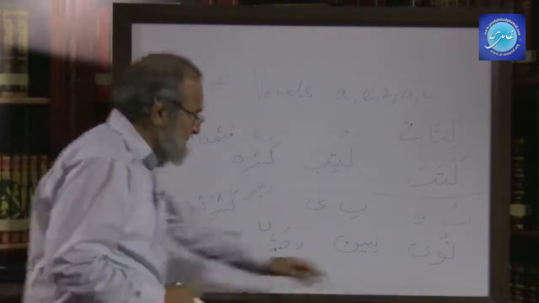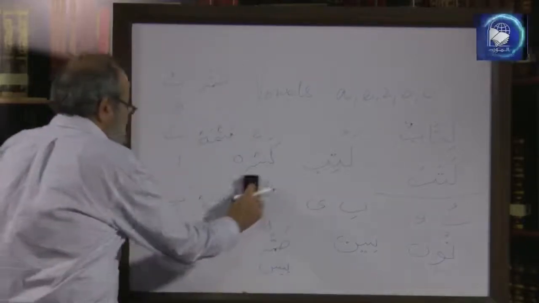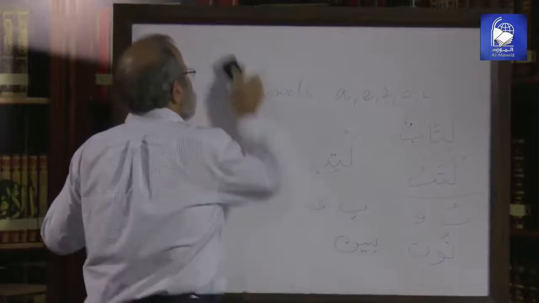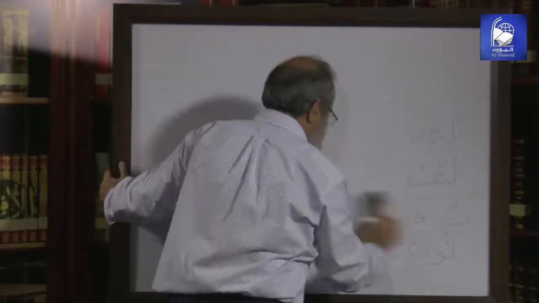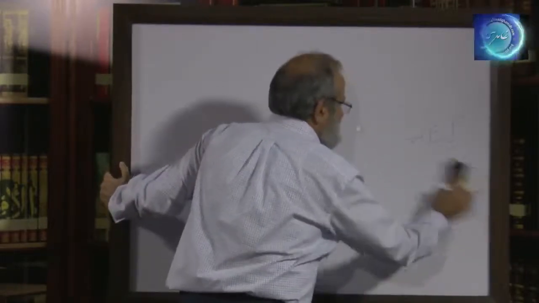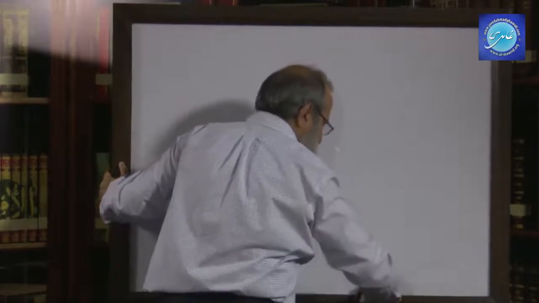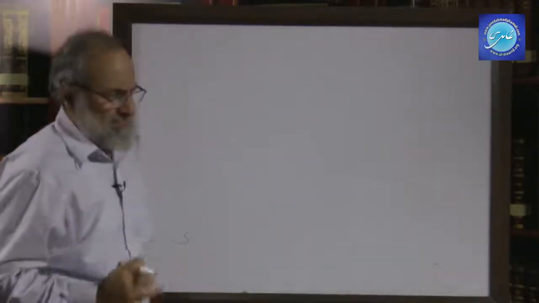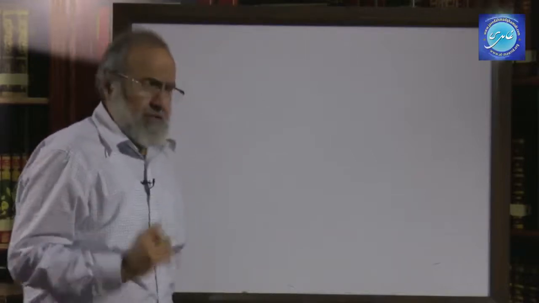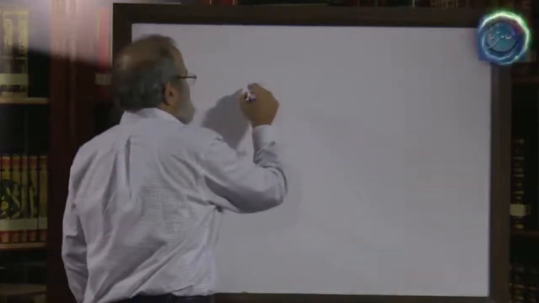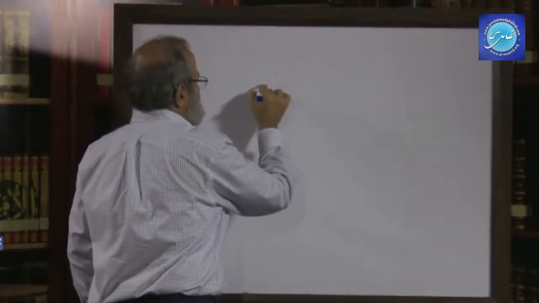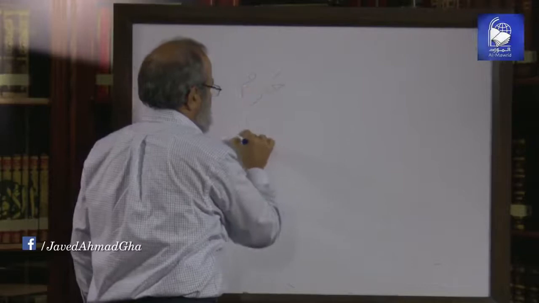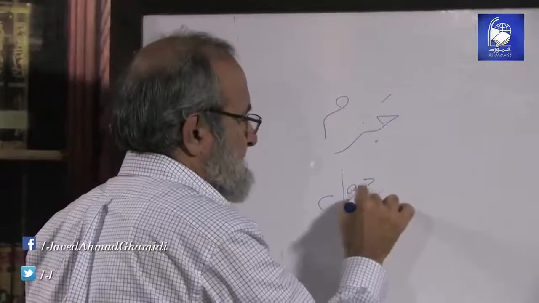Now, let me move on to describe something which is similar but has significance that you ought to know in order for you to be able to read words correctly. When you read a word in Arabic, quite often you come across two expressions. One is what we might write as jazm. In English, it would be jazm.